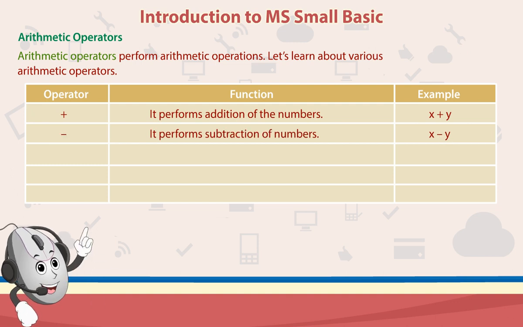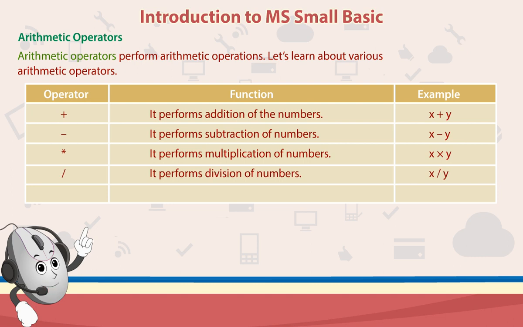Minus performs subtraction of numbers, x minus y. Star performs multiplication of numbers, x into y. Divide performs division of numbers, x by y. Exponential calculates the exponential value, x raised to the power y.